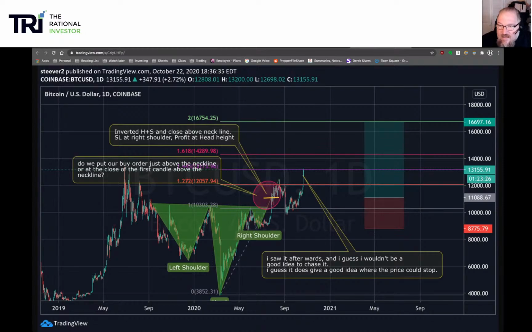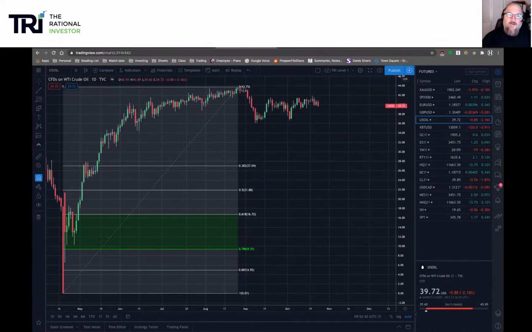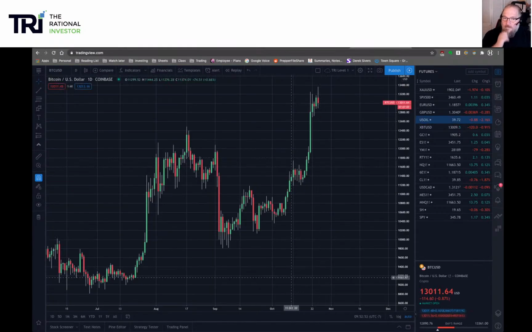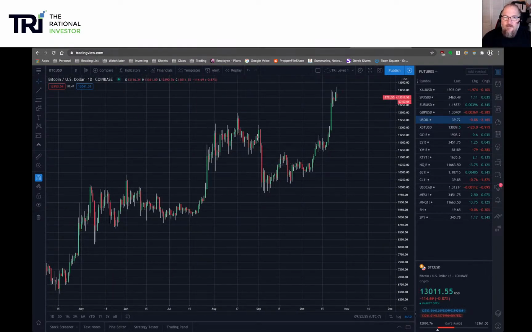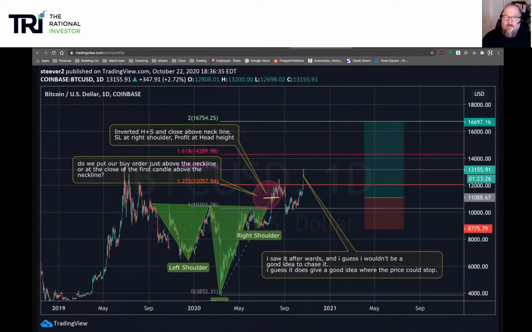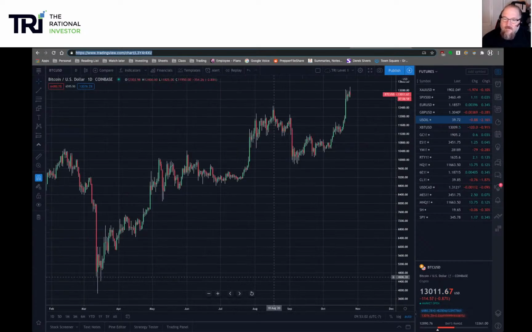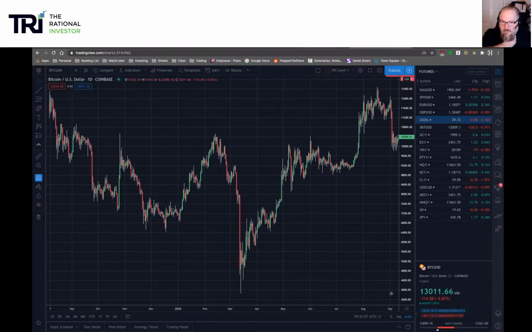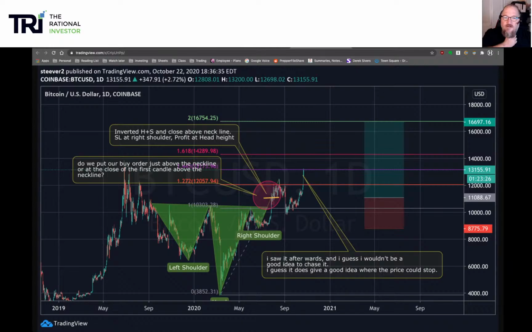So in this case, this is BTC USD on Coinbase. Let me pull it up here. Okay. Yeah, we were looking at that guy. This is a daily. So it's not too far off. March 2020. Yeah. Okay.